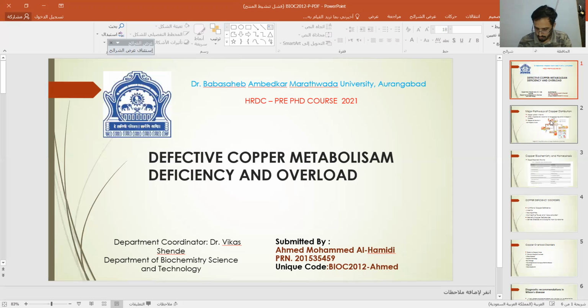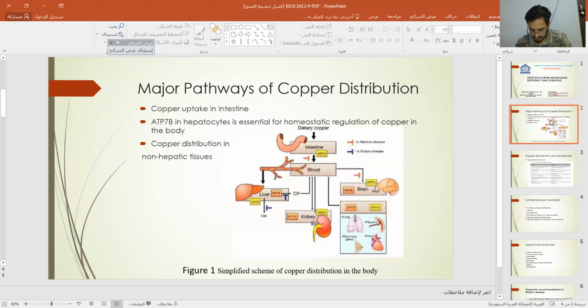In its distribution through the body, the highest concentrations are in the liver, brain, heart, and kidneys. About 50% of the total copper is harbored in the large mass of muscles and bones. In humans, 30 to 60% of ingested copper is absorbed in the stomach and small intestine.